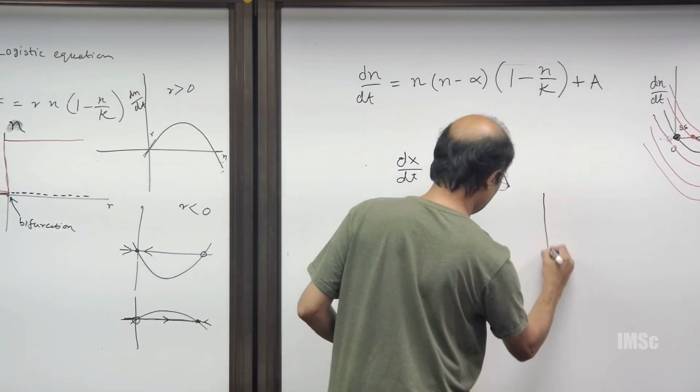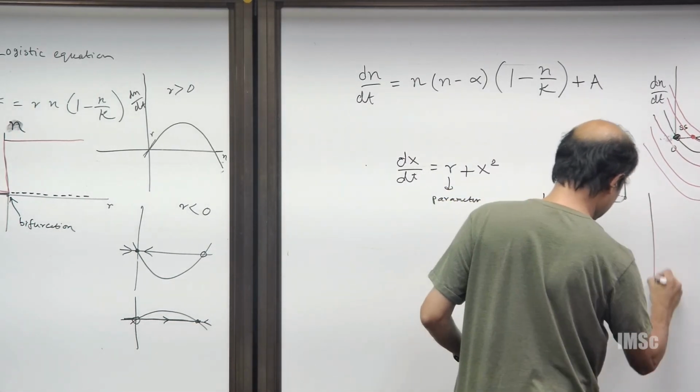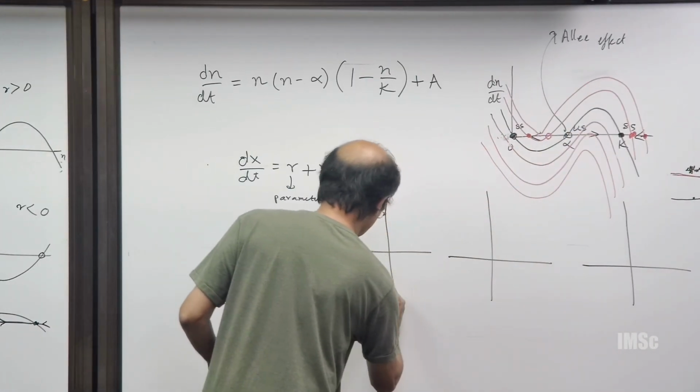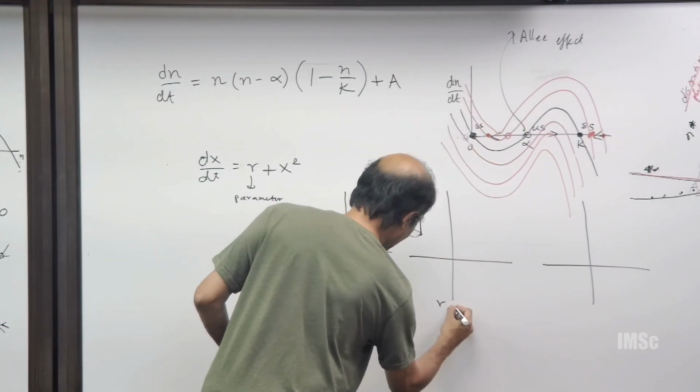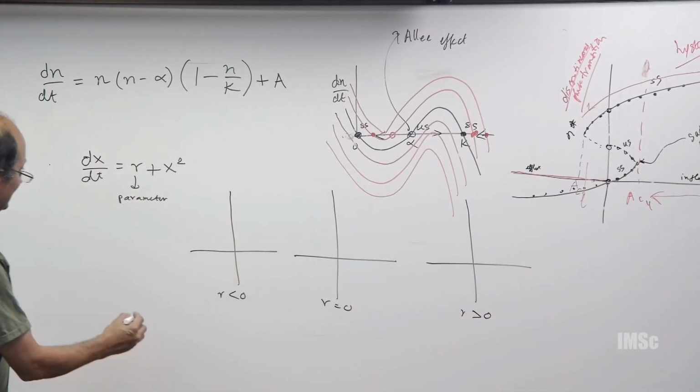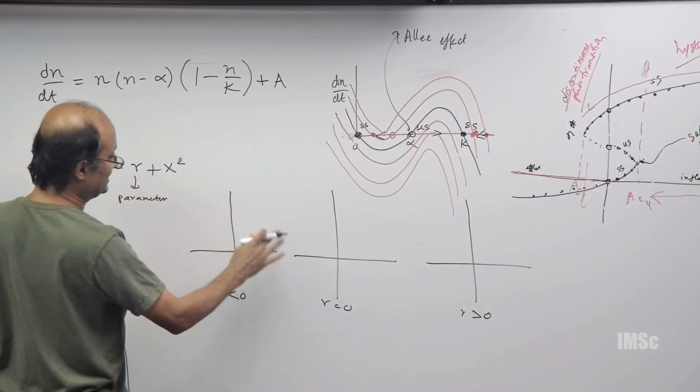Then I can show what happens as I am taking r from negative value, so r less than 0, r equal to 0, r greater than 0. So when r is less than 0 or when r is 0, what happens?